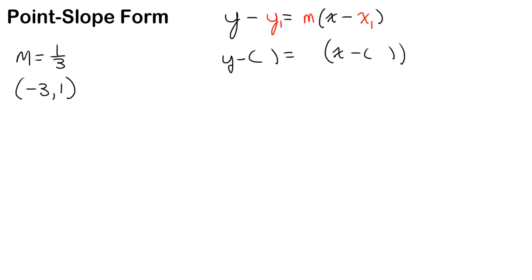Let's go ahead and plug in our information. Our slope is 1/3. Our y1 value is 1, and our x1 value is negative 3. And let's go ahead and simplify. So we have y minus 1 equals 1/3 times, and again, x minus negative 3 is x plus 3. So again, this is our equation in point-slope form.